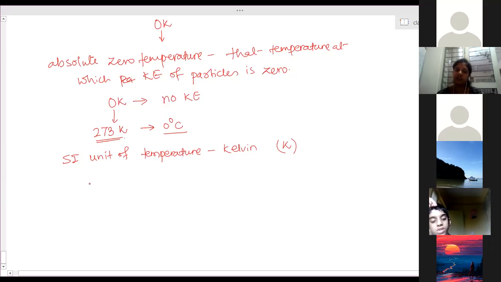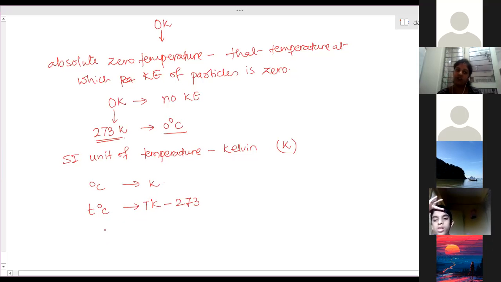The temperature unit conversion, degree Celsius to Kelvin: T degrees Celsius is equal to Kelvin temperature minus 273.